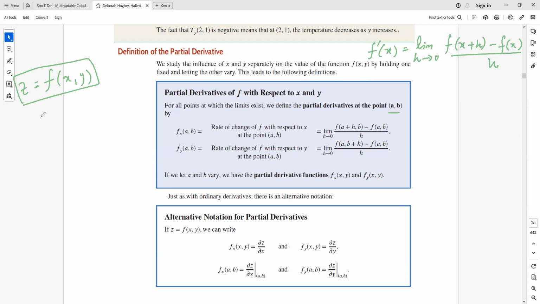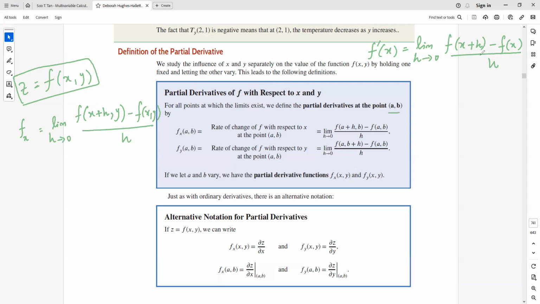So now the definition is the change in the x direction, or with respect to the variable x. This will be equal to the limit as h goes to 0 of f of x plus h comma y, because it's a two variable function, minus f of x comma y, divided by h. So you can see the difference here.